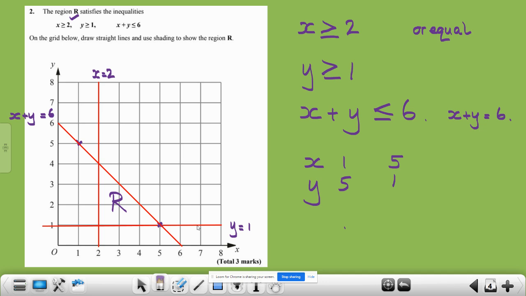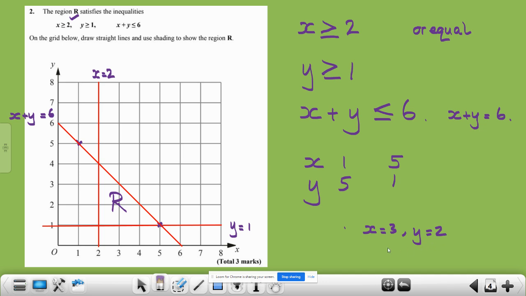And if you're not feeling terribly confident about this, you can always try a couple of points and see. So let's, for instance, if we looked at that coordinate there, just beneath that R, we've got x equals 3 and y equals 2.